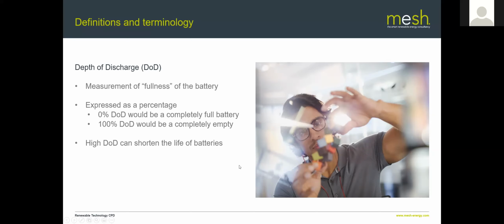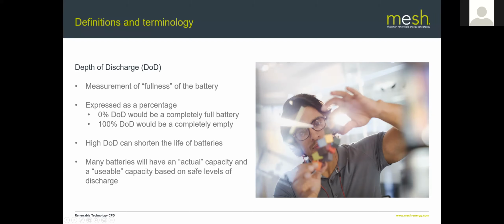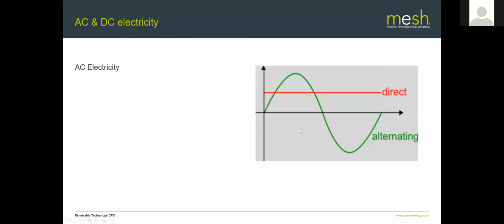So again, matching the type of battery that's chosen to the way you're going to use it is quite important. Because of this, many batteries will have an actual capacity, which is effectively the entire 100% depth of discharge capacity, and then a usable capacity. The usable capacity will nearly always be a bit lower than the actual capacity of the battery, and typically you'll get about 90%-ish out of the battery.